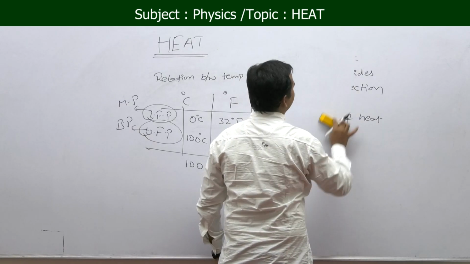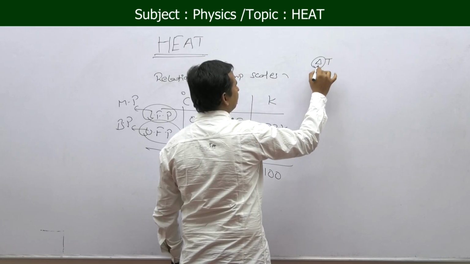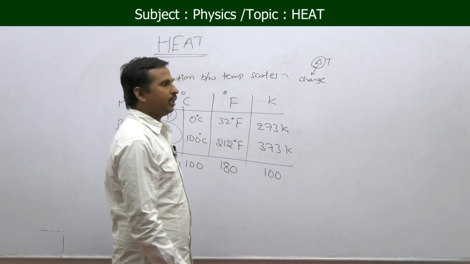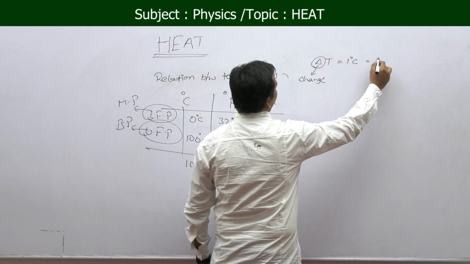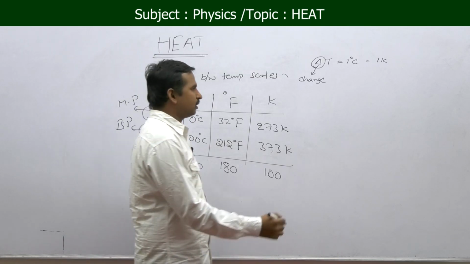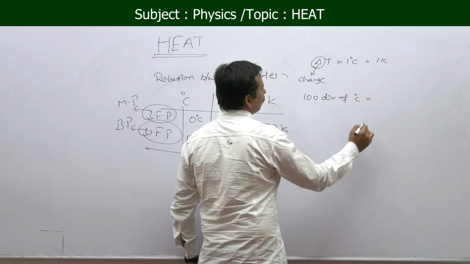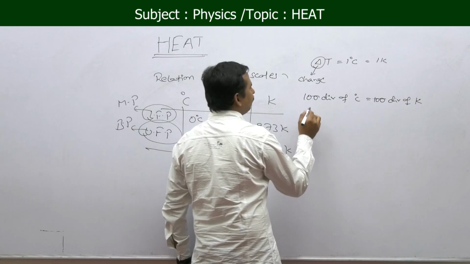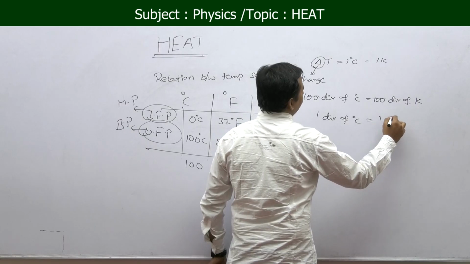If there is a change in temperature, delta T, where delta means change and T means temperature, and delta T is equal to 1 degree Celsius, then it is also equal to 1 Kelvin. 1 degree Celsius equals 1 Kelvin, because 100 divisions of Celsius equal 100 divisions of Kelvin, so 1 division of Celsius becomes 1 division of Kelvin.